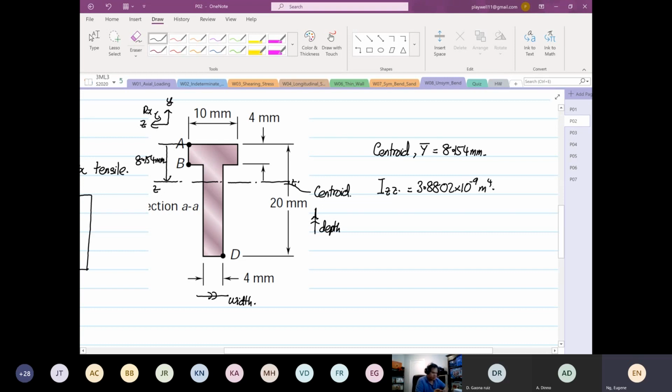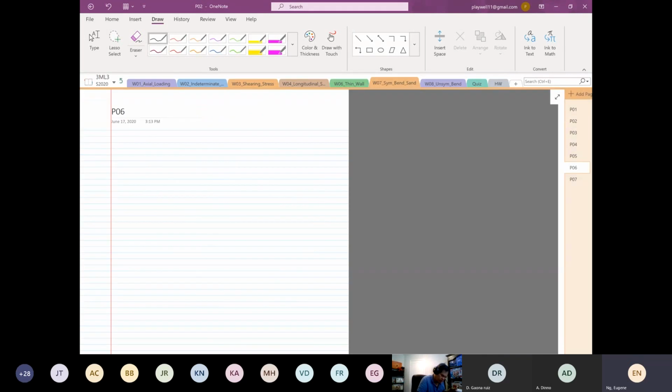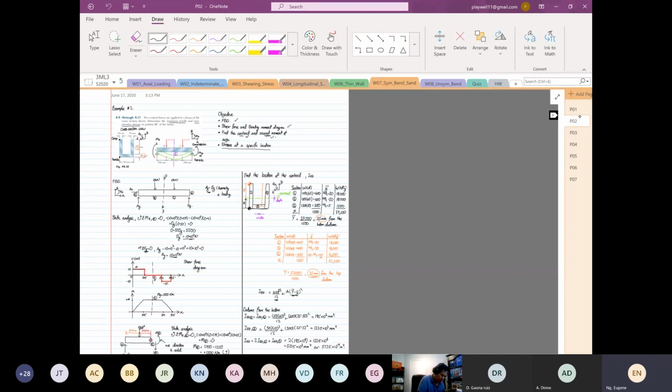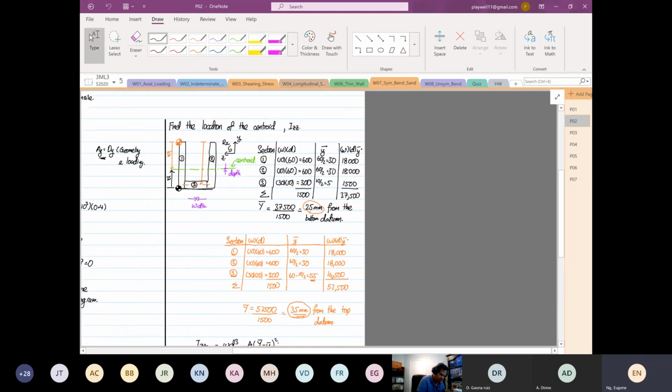As I say, I'm not going to do this calculation because if you look at last week, or even the week before, we have done enough of this and it's a repeating trend. I believe that you guys will know how to do this. And in our shear stress topic we did second moment of area, so you should be really familiar with it.